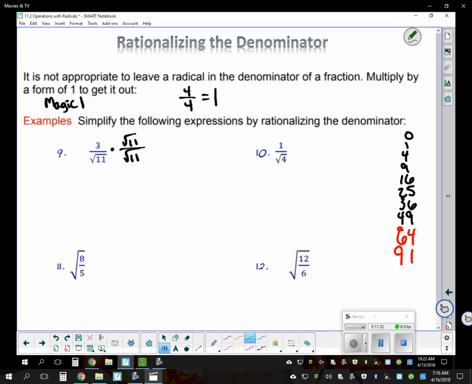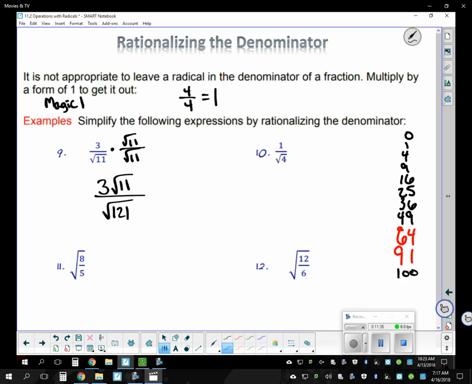So when we do that, we've got to do it on top and bottom. This just becomes 3 square root of 11. One's under a radical, one isn't, so you can't actually make it like 33 or anything. And then on the bottom, 11 times 11, those are under radicals, so you get 121. And look at that, that's a perfect square. That will always happen when you are rationalizing the denominator. You'll always end up getting rid of the radical on the bottom.